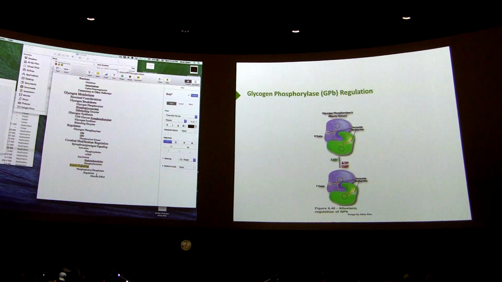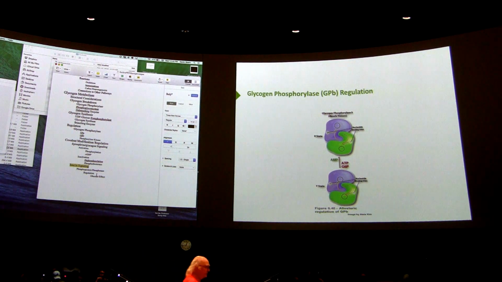Well, how do I know if the cell has glycogen phosphorylase B or glycogen phosphorylase A? Well, if I don't give you any other information, you might say, well, it's got both. If I had both and the cell was in a high energy state, what state would glycogen phosphorylase B and glycogen phosphorylase A be in?